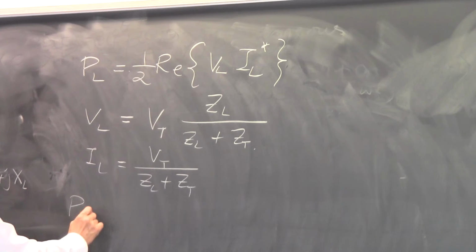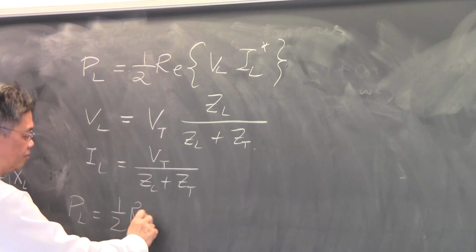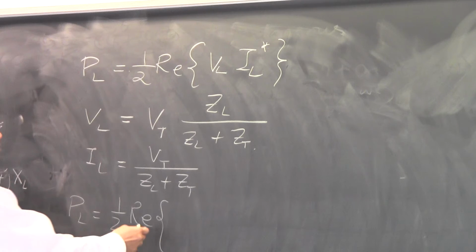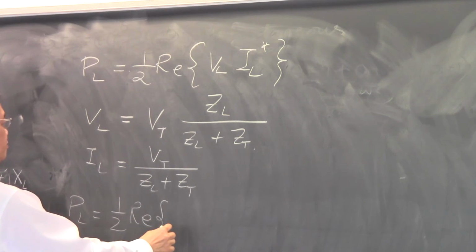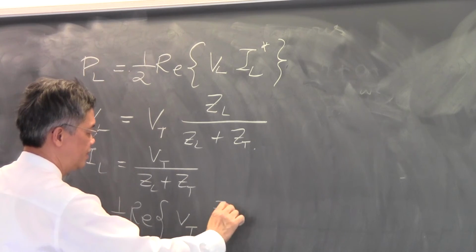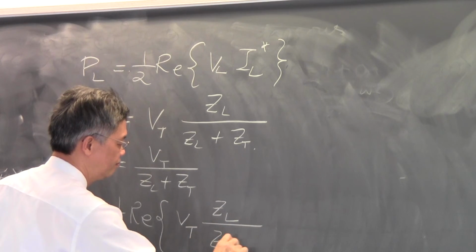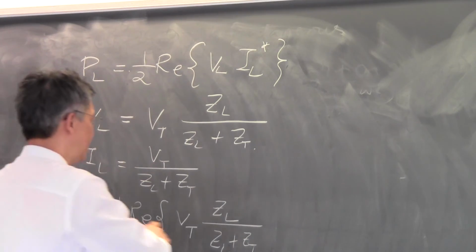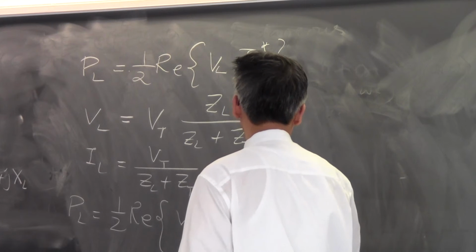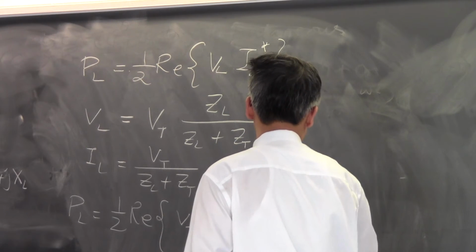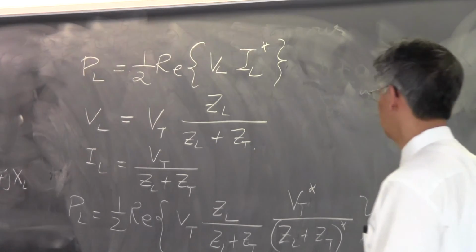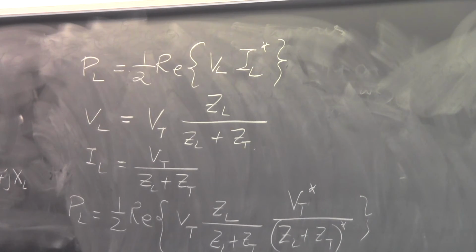You get PL is equal to half times the real part of VL, which is VT ZL over ZL plus ZT, times the conjugation of this. That's very important. Okay? ZL plus ZT, but with the whole thing complex conjugated. Okay? Now we can do some simplification.